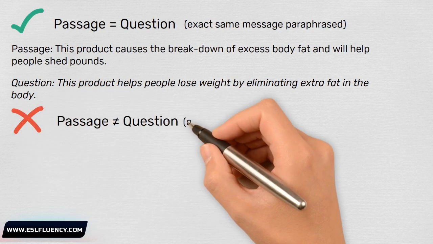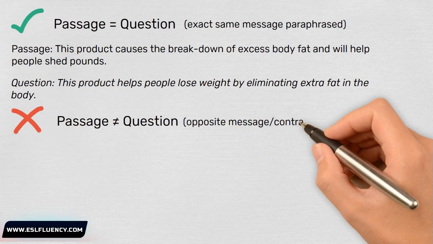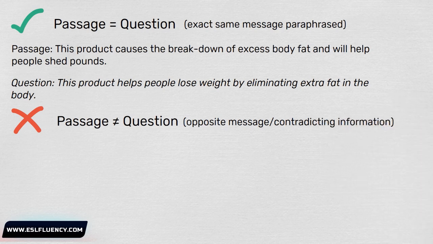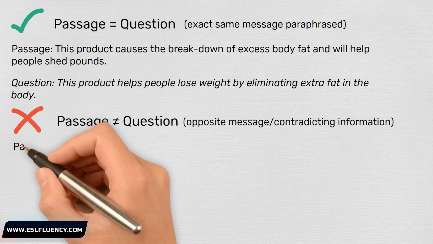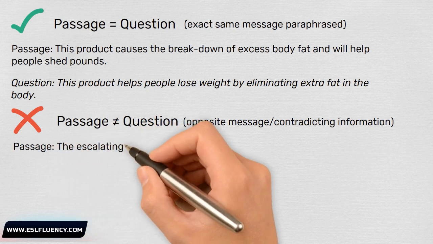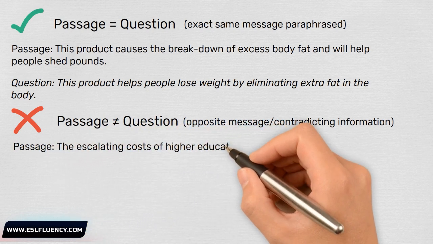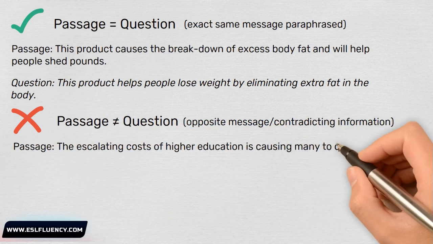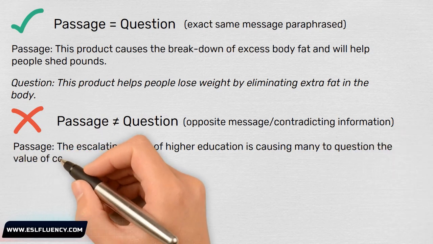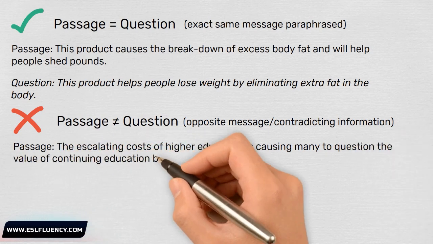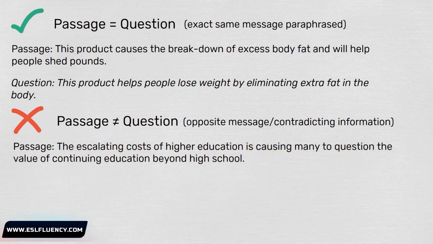False statements basically include words or phrases that convey an opposite or completely different meaning or message. In other words, contradicting information. Here is an example. The escalating costs of higher education is causing many to question the value of continuing education beyond high school.